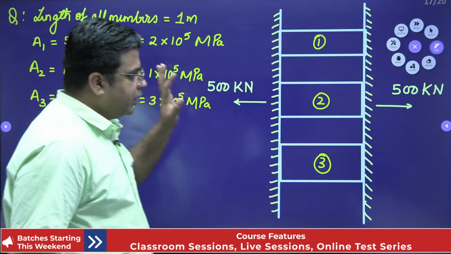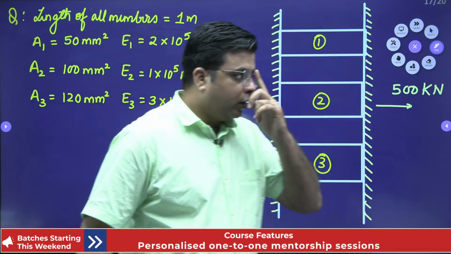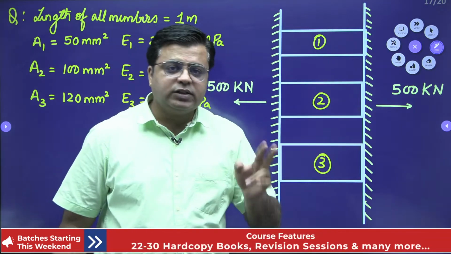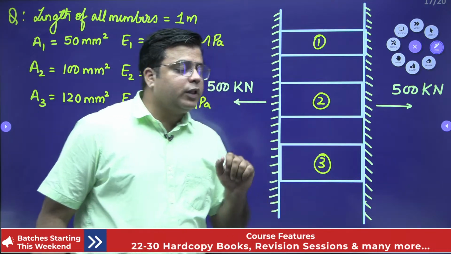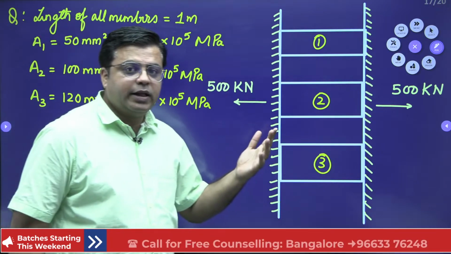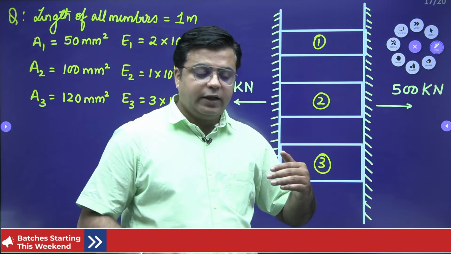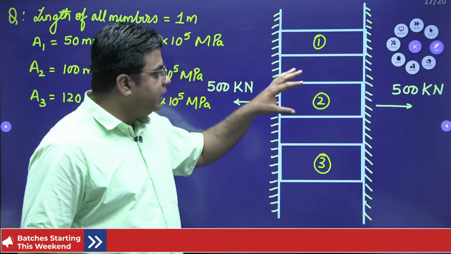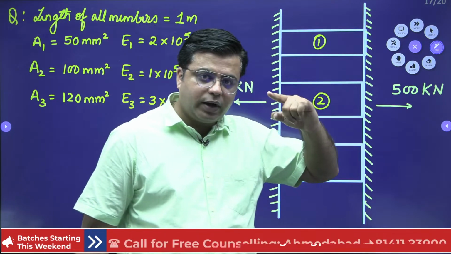From here, I would like you to observe 2 things. First is how much load every member is getting. Second thing is you also need to understand if the value of Young's modulus is more, then what is the effect of the load bearing? That is, if the Young's modulus is more, then the amount of load handled by a particular member will be more or less. That also you have to analyze, right?